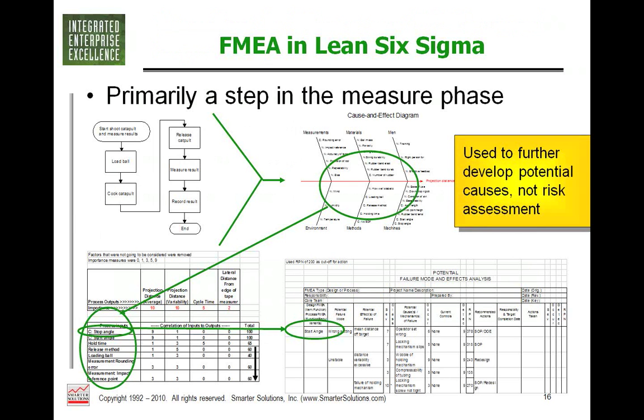Often in a Lean Six Sigma deployment, you take that process and look at the steps and ask what can go wrong with those, or what inputs could have some issues, and that can develop into a cause and effect diagram.